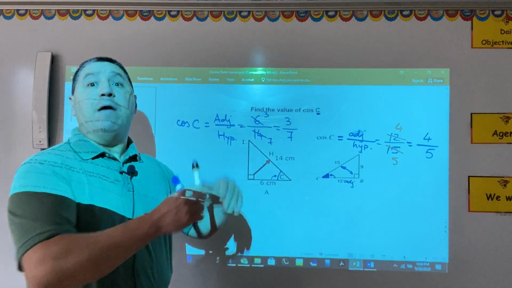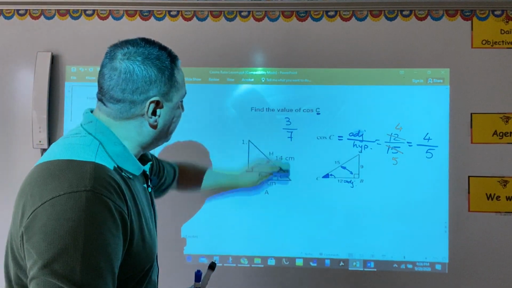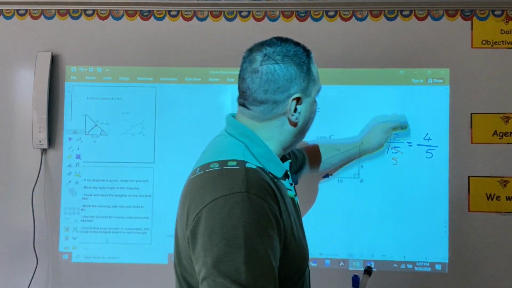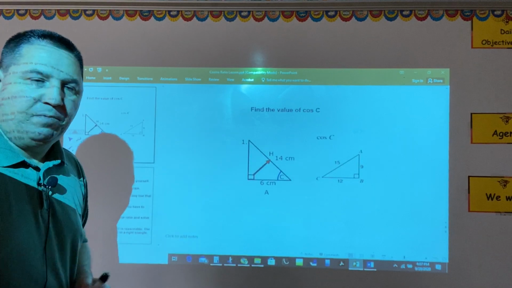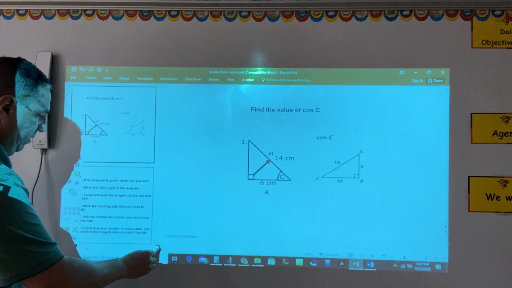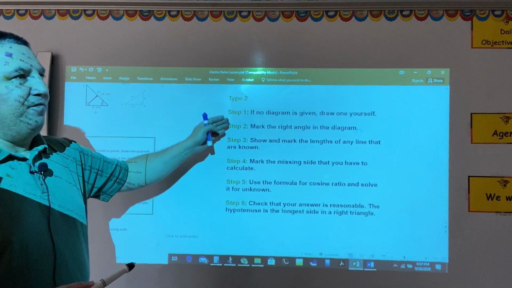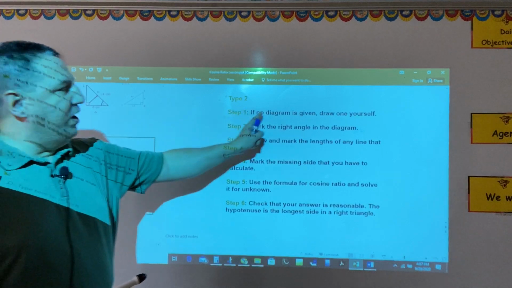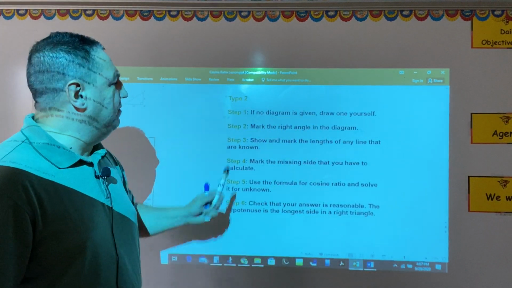That is type 1. Now let's have one example of type 2, examples involving cosine ratio. So when you have type 2, again, we draw a diagram if there is none.